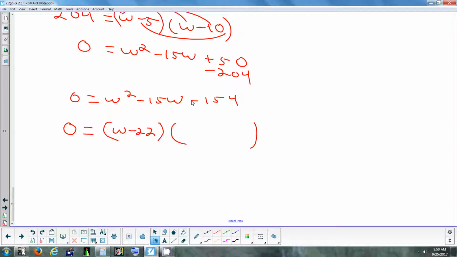It's W minus 22 and W plus 7. So if you set each factor equal to 0, what would be your two answers? Yeah, Caleb? 22, negative 7. Which answer makes sense for width?